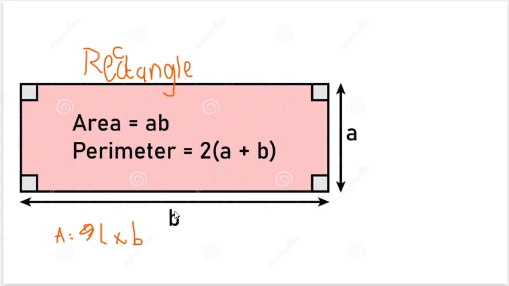So there's our length, which is B, and there's our breadth, which here is identified as A. That's the area of a rectangle.